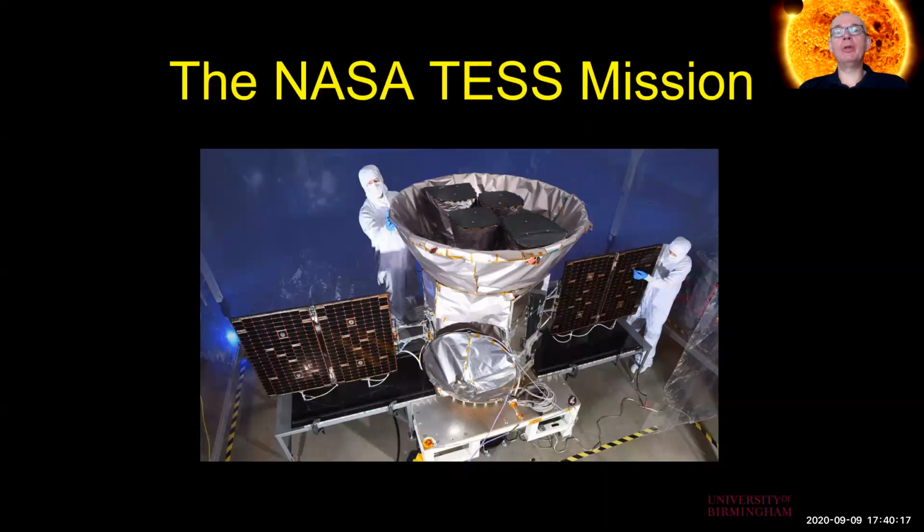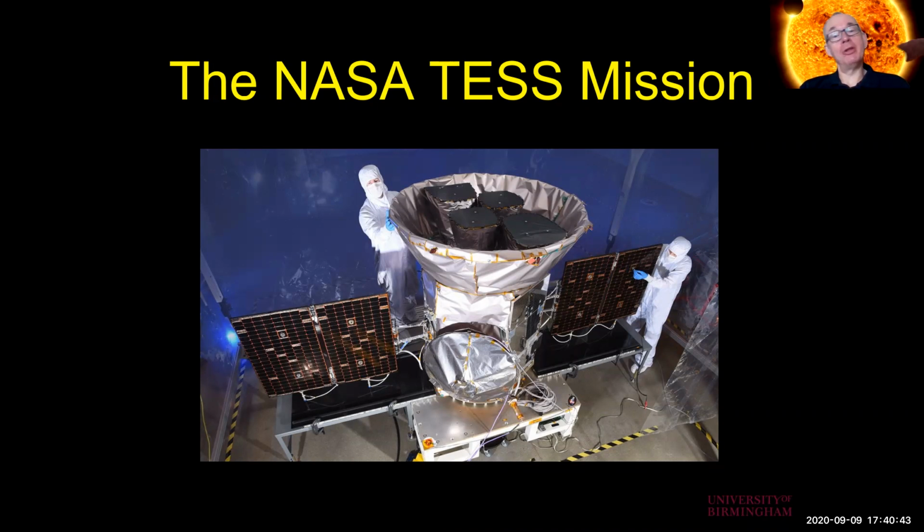Also, unlike Kepler, which at any one time was only observing small patches of the sky, TESS was designed to observe a much larger fraction of the sky at any one time, and over the course of a 2-year mission to survey all of the brightest stars across almost the entire night sky.